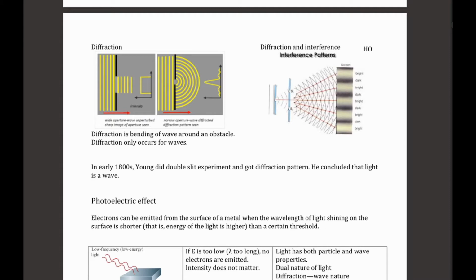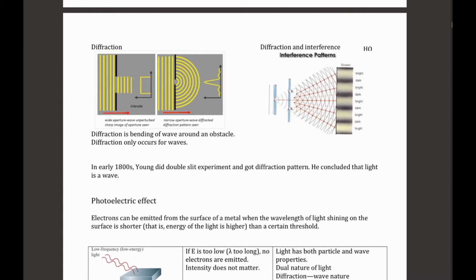Now make the wave not a water wave, but a light wave. Where the crests meet, we get a bright image. Where the troughs meet, we get a bright image. Where a crest and a trough meet, we get no image, so we get dark. On our screen in the image, we see bright, dark, bright, dark.